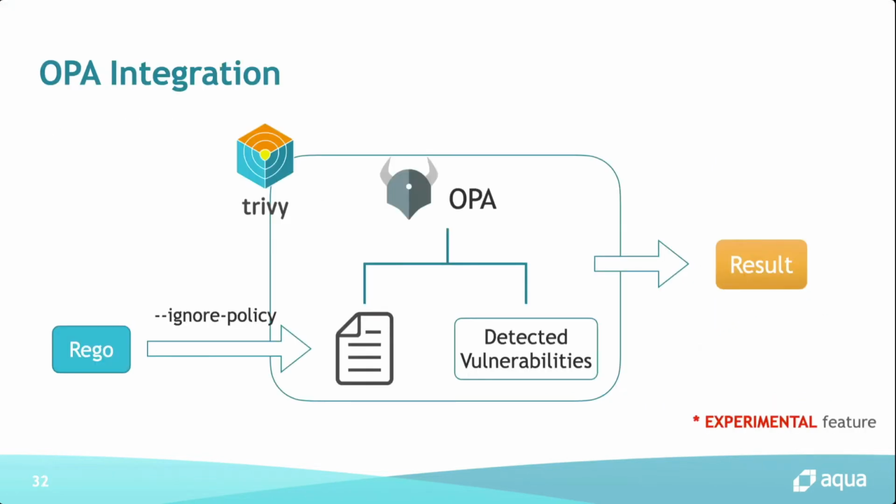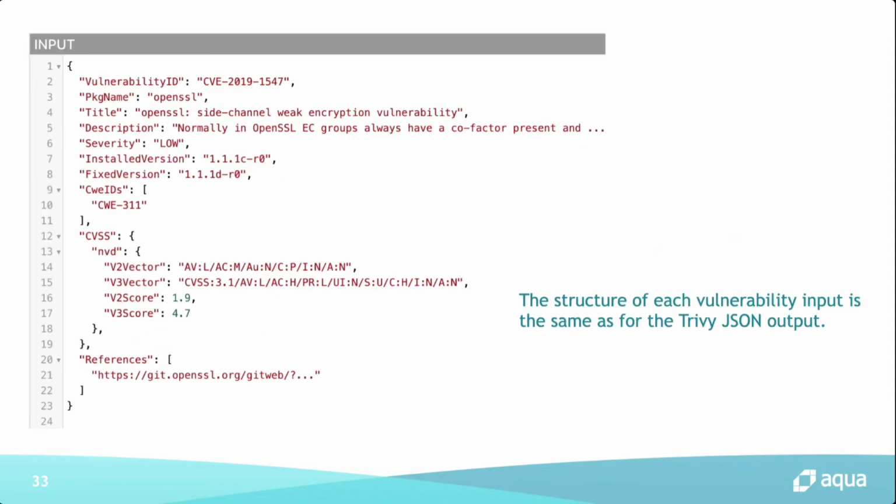Recently, Trivy supported OPA integration to filter vulnerabilities. You can pass a Rego file defining your policy via the --ignore-policy option. If your policy marks the vulnerability negligible, it will not be displayed in the result. The structure of each vulnerability input is the same as the Trivy JSON output.